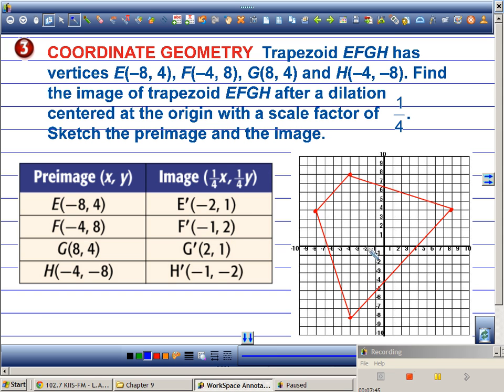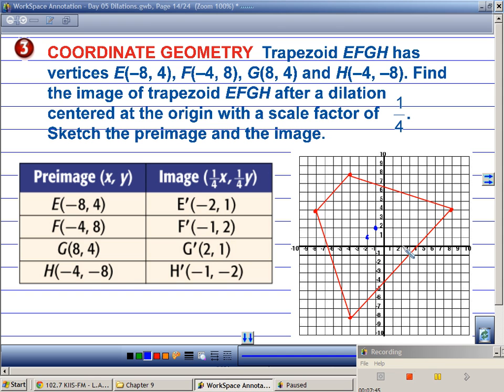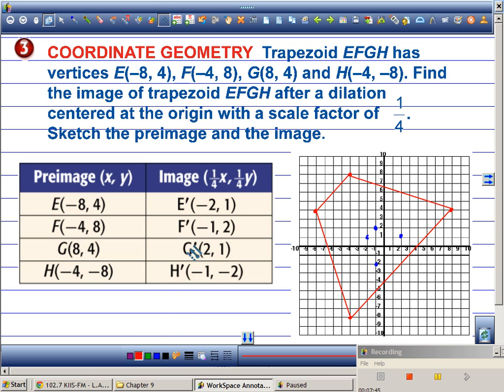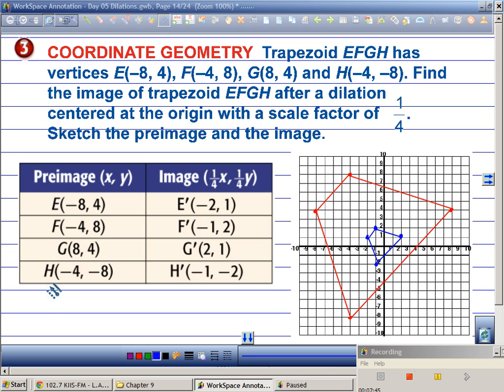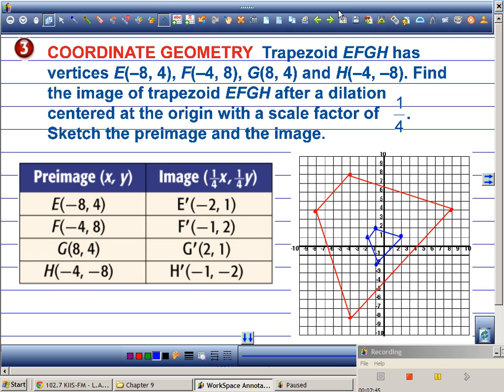My new image would be -2, 1. These are the easiest, I think. -1, 2, 2, 1, and -1, -2. Do those look the same? What do you guys think? It's not too hard. It's just the last step. Ready?